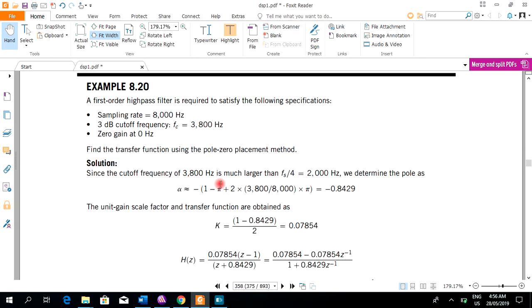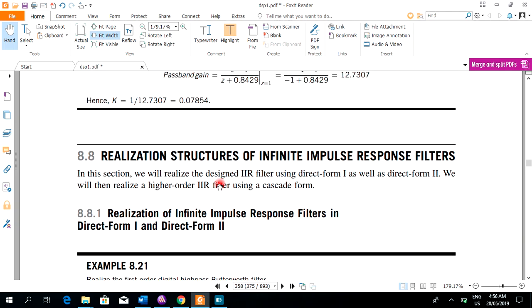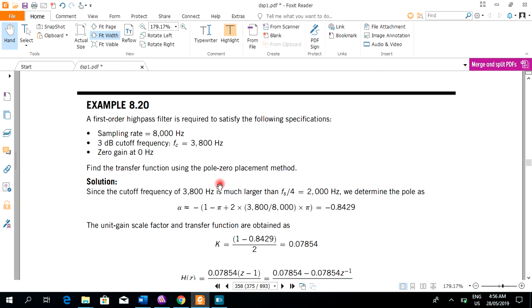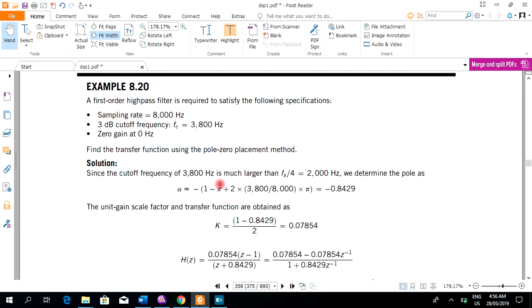Let's have the last example of today's topic. A first order high pass filter is required to satisfy the following specification: sampling rate 8 kHz, cutoff frequency 3.8 kHz, and zero gain at 0. First of all, we will calculate alpha.